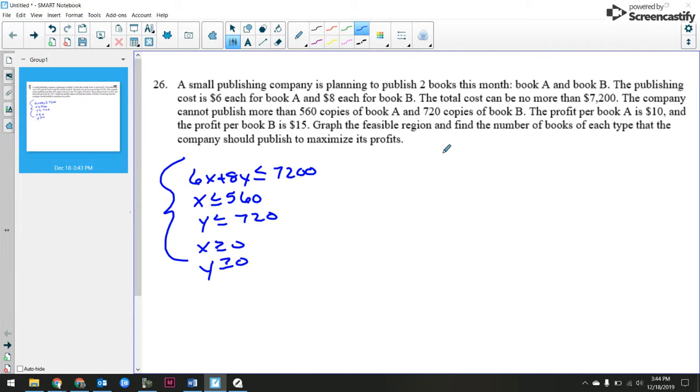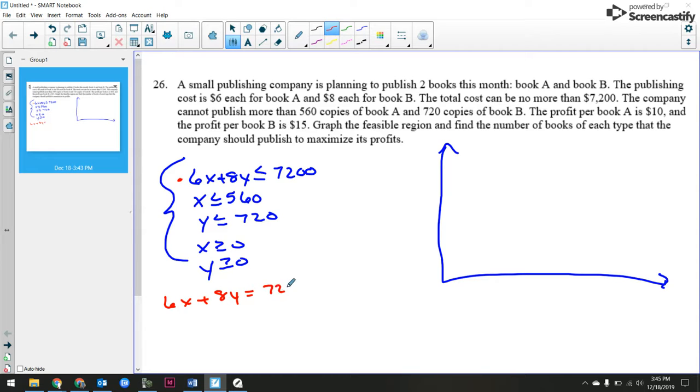Now we have to graph all of that. Forgive my graphing abilities, I'm just drawing on this tablet. I'll graph the first one in red. You do it by intercepts: 6x plus 8y equals 7,200. Notice I haven't even touched the profit yet, that's the objective function.